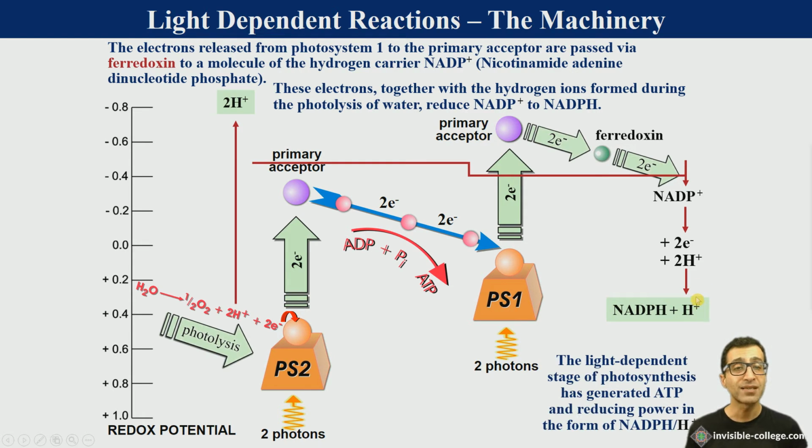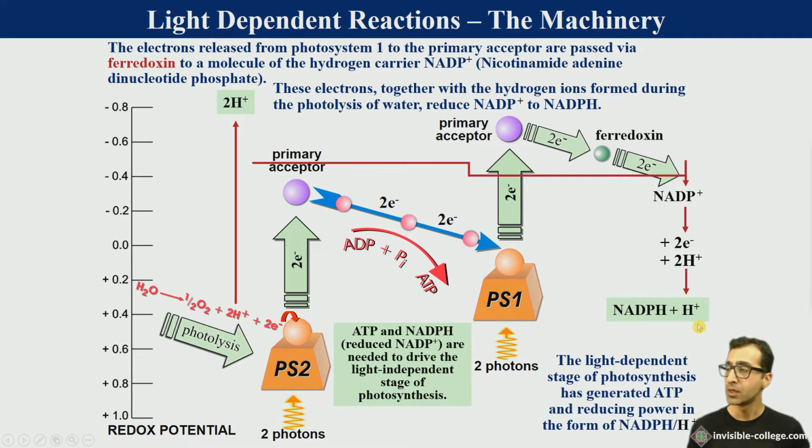So the light-dependent stage of photosynthesis has generated ATP and has also generated reducing power in the form of NADPH and protons. Again, we'll see later how reducing power is involved in the further production of ATP. So ATP and NADPH, or reduced NADP, are both needed to drive the light-independent stages of photosynthesis.